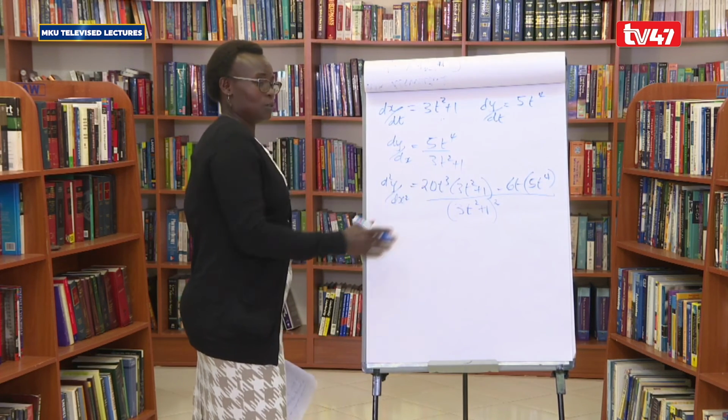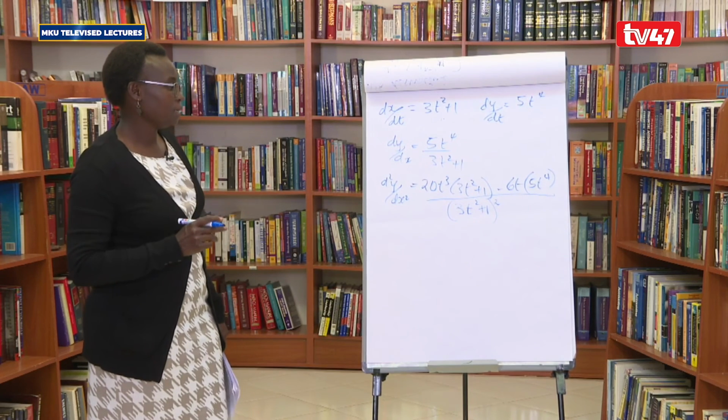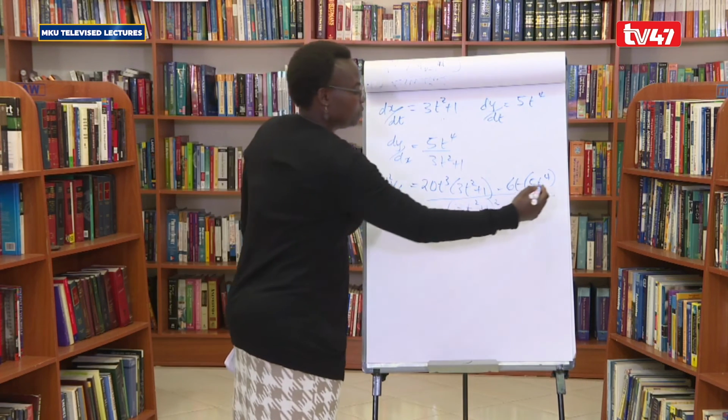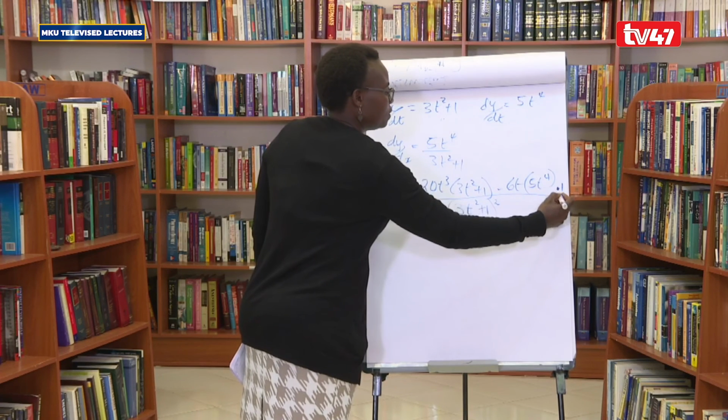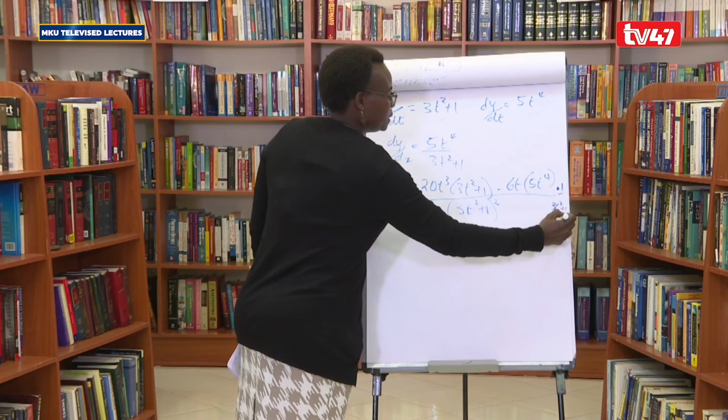Then remember that you're supposed to divide this by dx over dt, which is the same as multiplying by 1 over 3t squared plus 1.